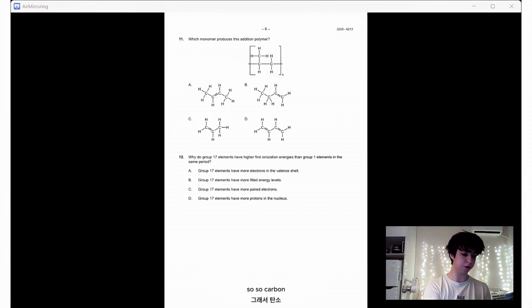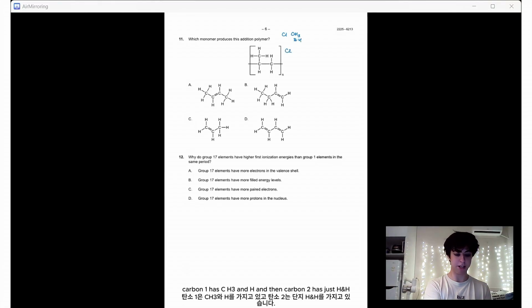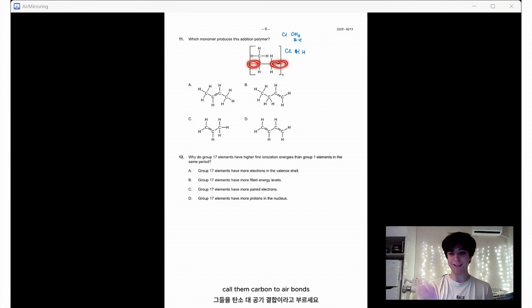So carbon one has CH3 and H, and then carbon two has just H and H. Whenever you are looking at your monomer, the only difference is rather than having these weird, I call them carbon to air bonds, I don't really know why, you do not have those anymore, and you just have a double bond instead. So you should have a structure that looks like this.